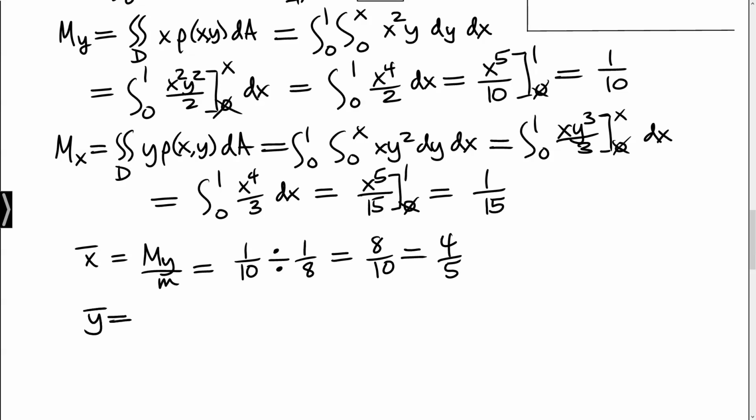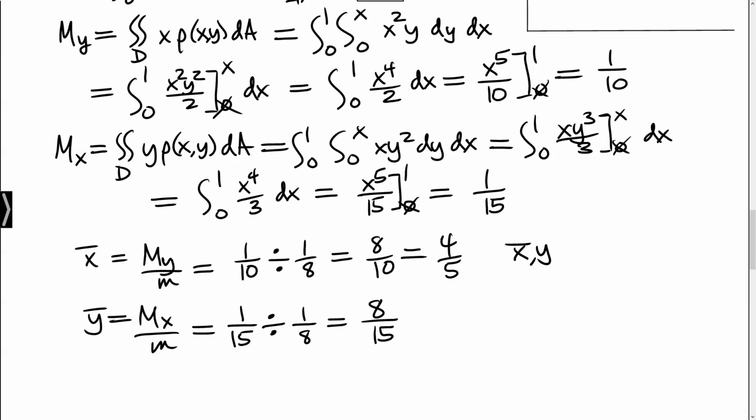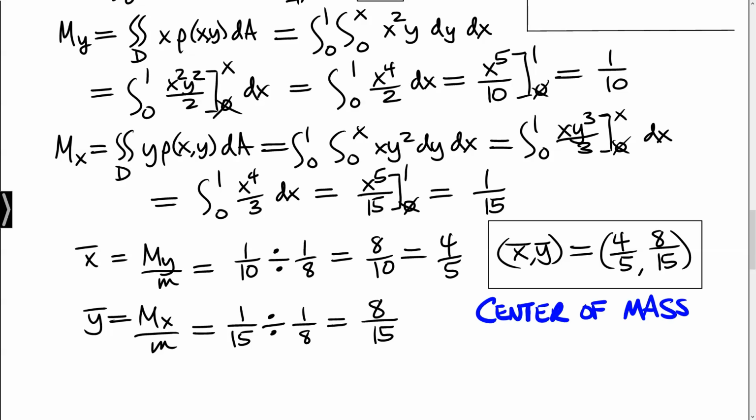Y bar is m sub x over little m, which is 1/15 divided by 1/8, 8/15. So that's our center of mass. So x bar, y bar is equal to 4/5, 8/15.